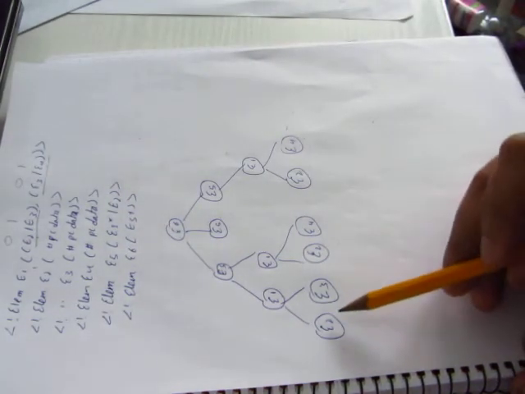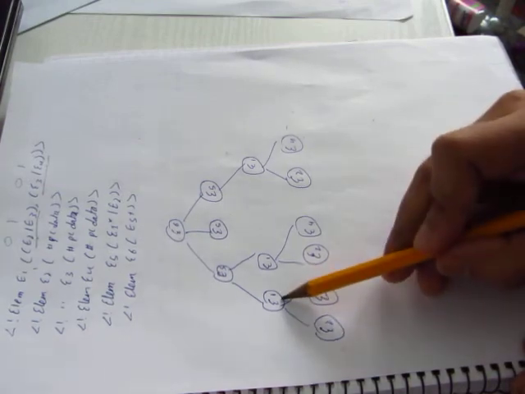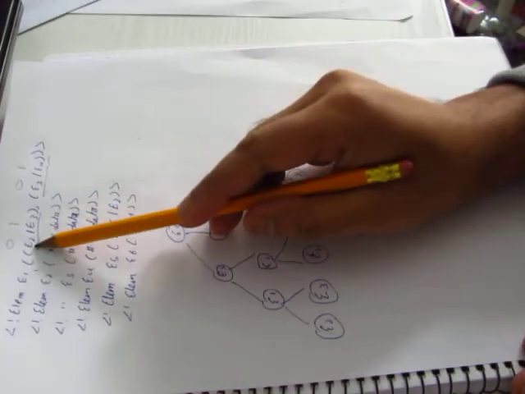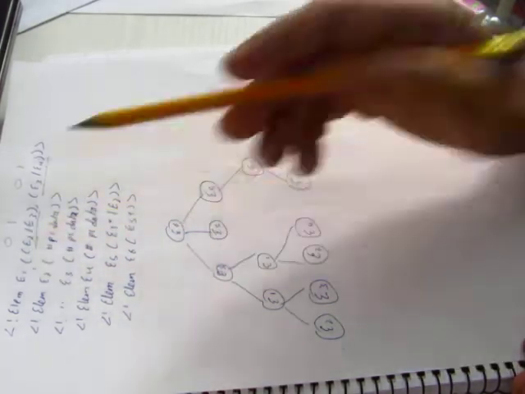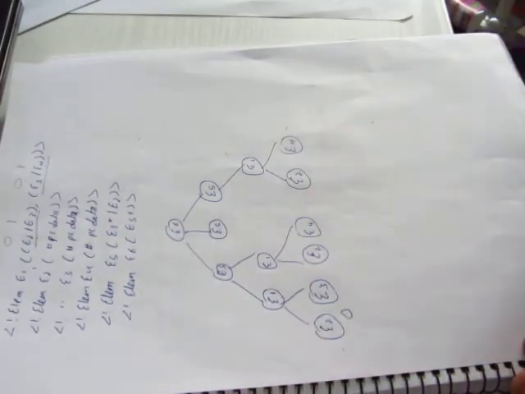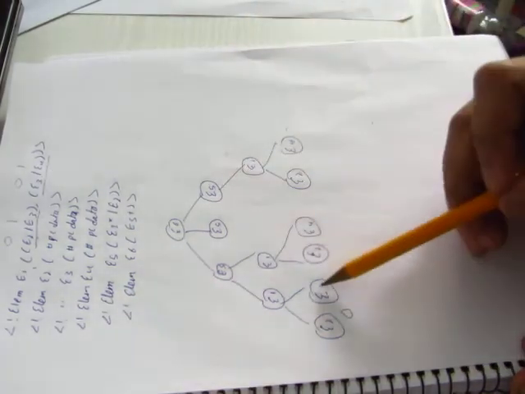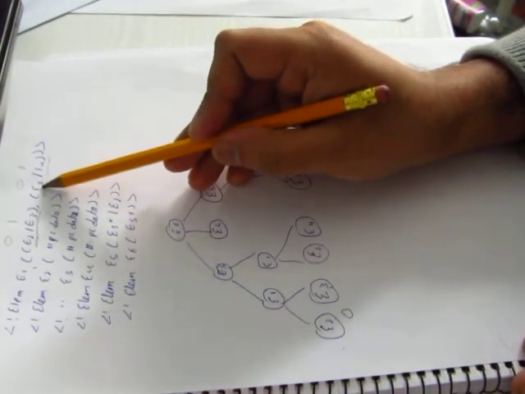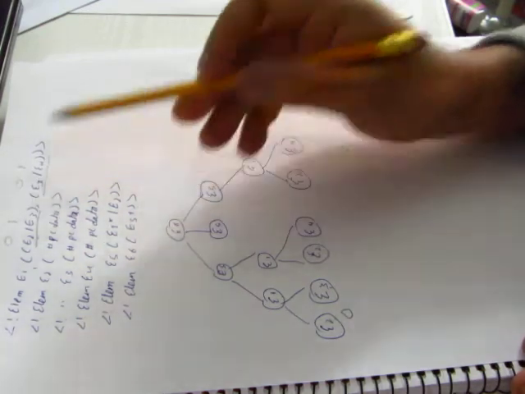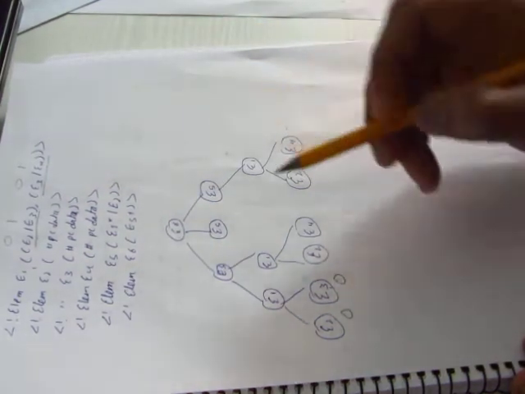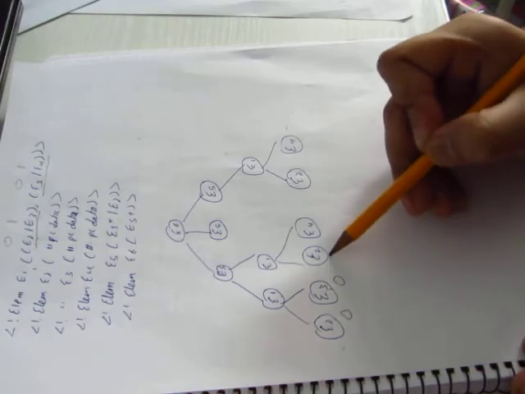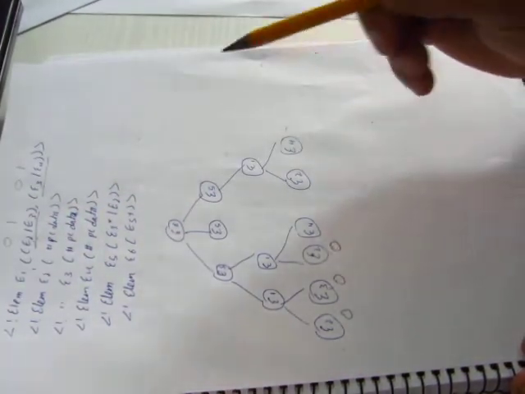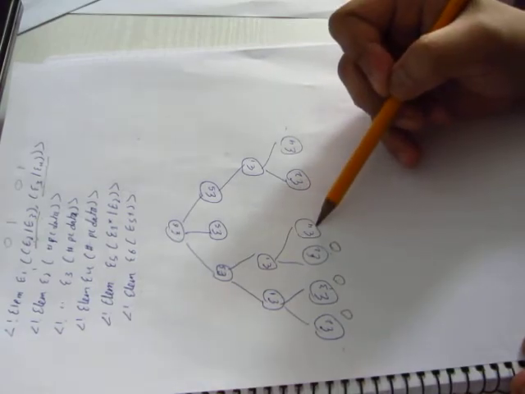So now here E1, the first node is E2 and E2 is the left node, so we just write 0, and this is the next sibling. In next sibling, it's the first node, so we write 0, and this is the first child, and first child is E2, so we write 0, and next sibling is E4.